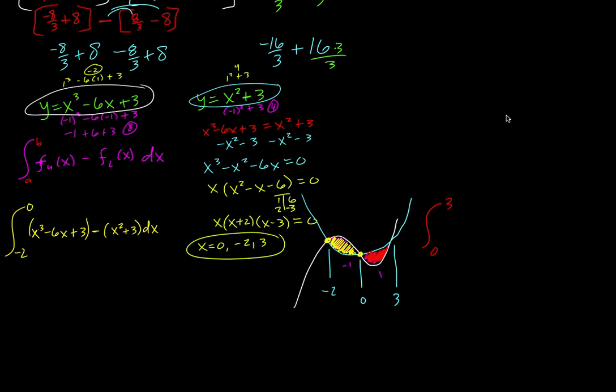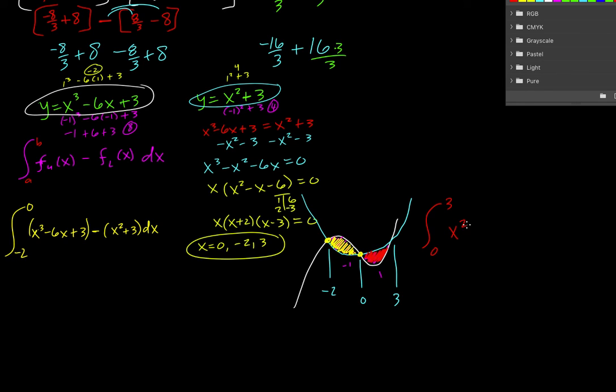So we go from 0 to 3, and this time the upper is the blue function, so it's x squared plus 3 minus the other function, x cubed minus 6x plus 3 dx.